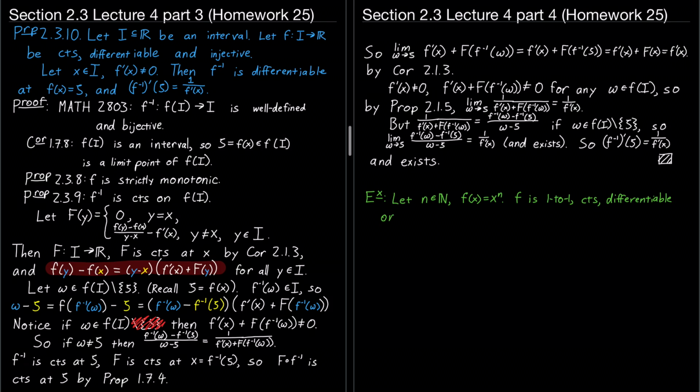Certainly it's injective on the non-negative numbers. If n is odd, it's injective on all the real numbers. If n is even, you have to throw away the negatives to make it 1-to-1.